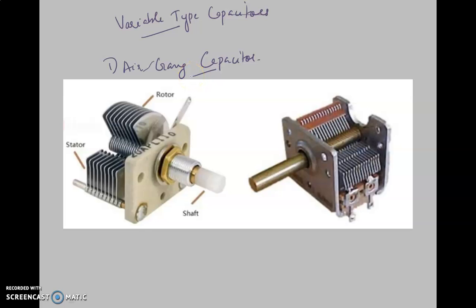The main applications of this type of capacitors are in resonance circuits, radio tuners, frequency mixers, antenna impedance matching, etc. And air gap capacitors use air as the dielectric. Coming to the construction, the simplest air gap capacitor is made up of 2 conductive plates.